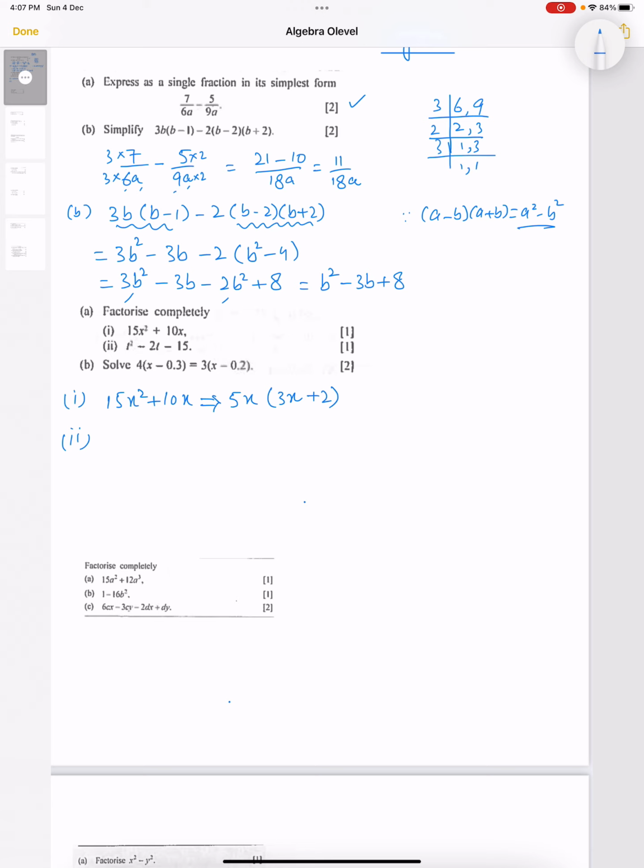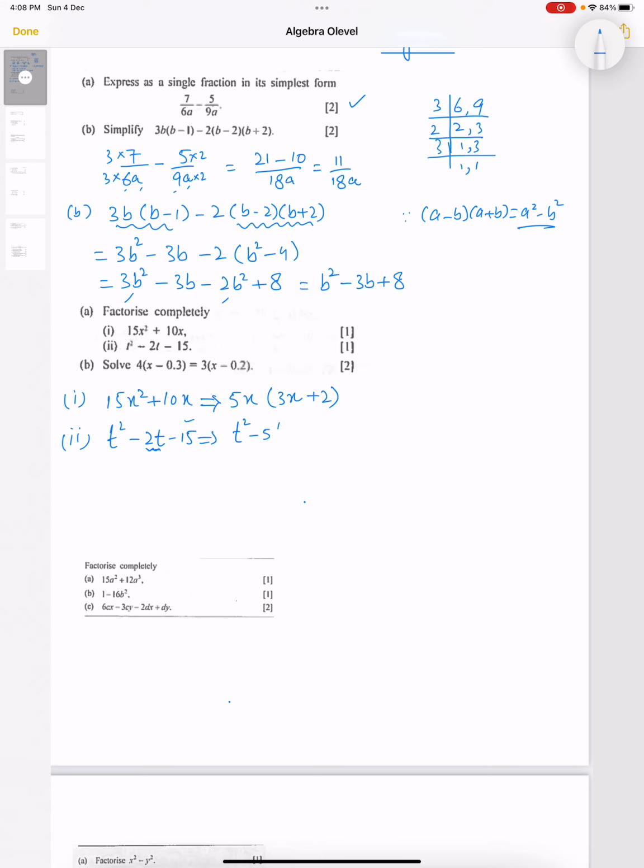Second part, t squared minus 2t minus 15. Since it is a quadratic expression with 3 terms, we use factorization by the midterm breaking method. Means we have to write the middle term in terms of two numbers whose difference gives me 2t and product gives me 15. So those are 5 and 3.